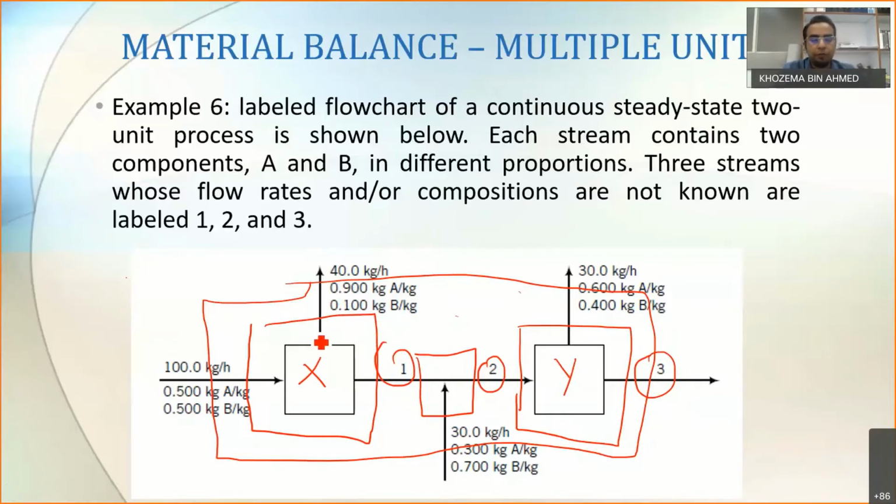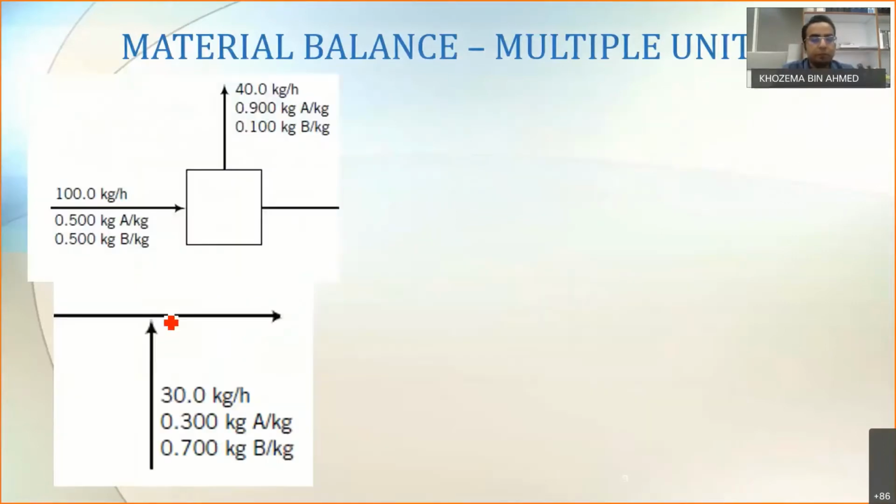After you have identified your systems, and I said there are 4, I will do degree of freedom analysis on each. So this is my unit X. Just now it was number 1, so I can say this is my P1 stream, and I have weight fraction of A1 and weight fraction of B1.